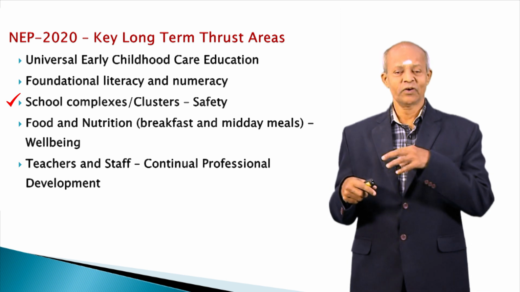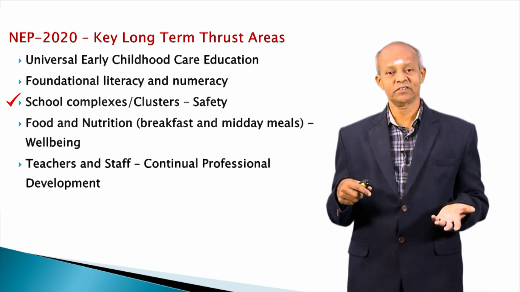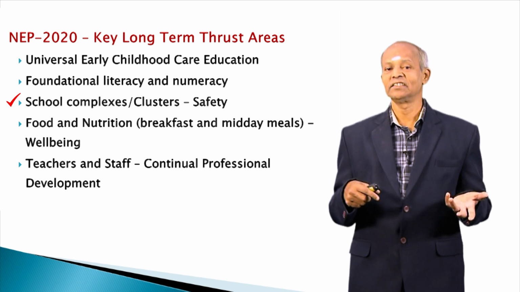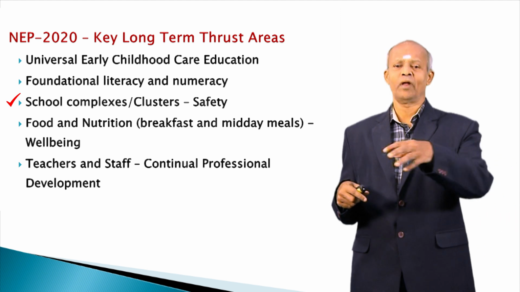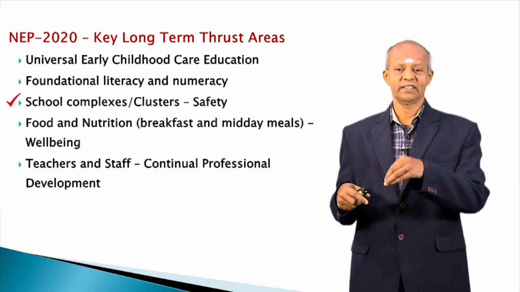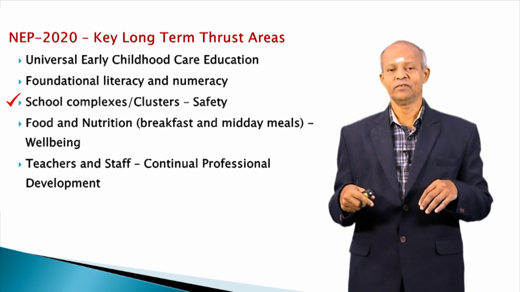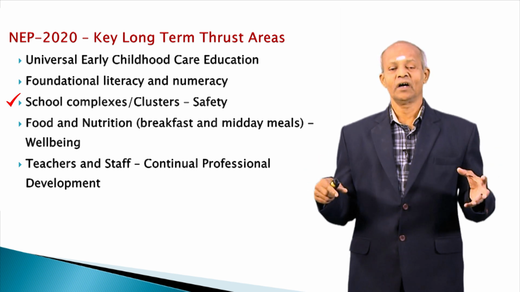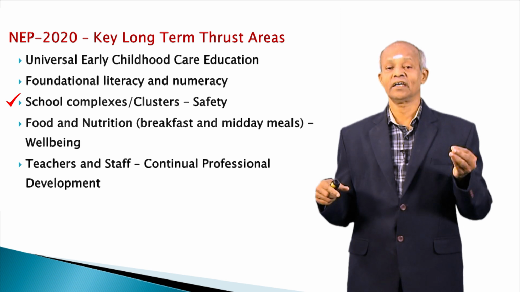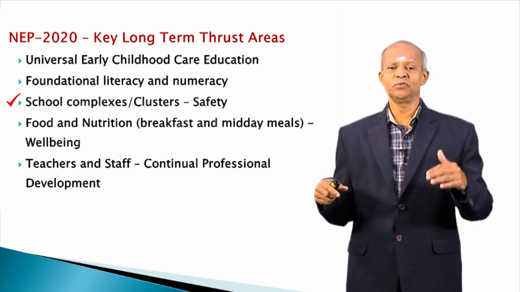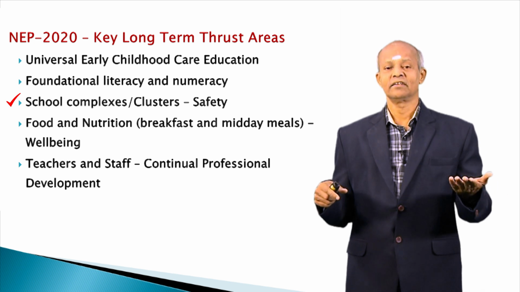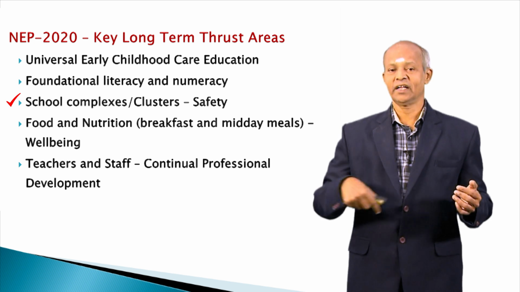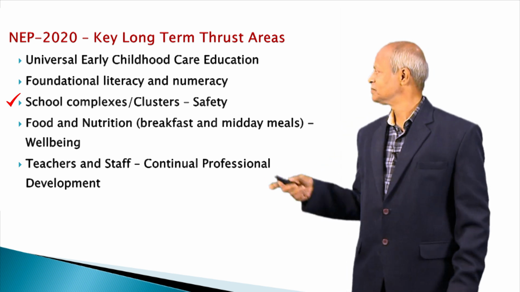Because various vocational streams are going to be introduced, a single school cannot afford all the facilities, and therefore in a particular block or region, some 10 to 20 schools are there, and all of them are called the school complex or the school cluster. Each one will contribute certain vocational education or certain facilities, and that is called a school complex.